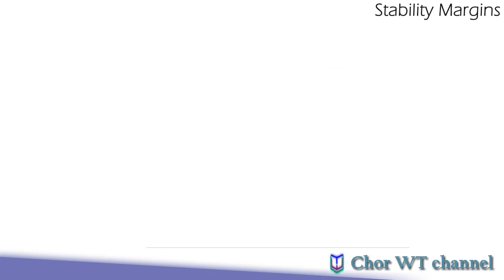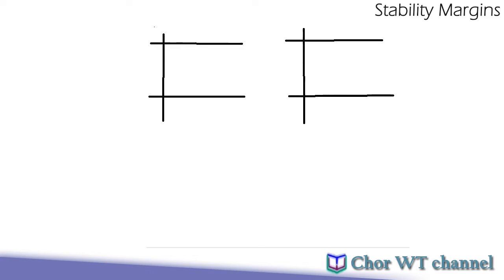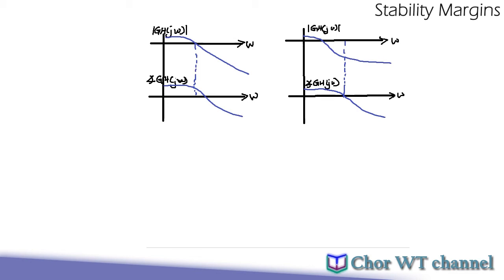Let's look at the Bode plot. We give a typical example of how the Bode plot will look in these forms. Okay, let's look at these two plots. On the left, we have a Bode plot of the system, whereby the gain crosses at 0 dB here, which means that the magnitude is 1.